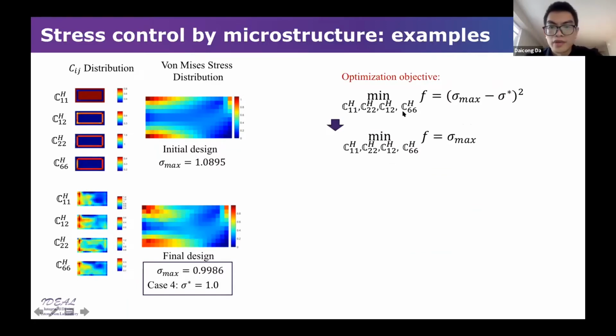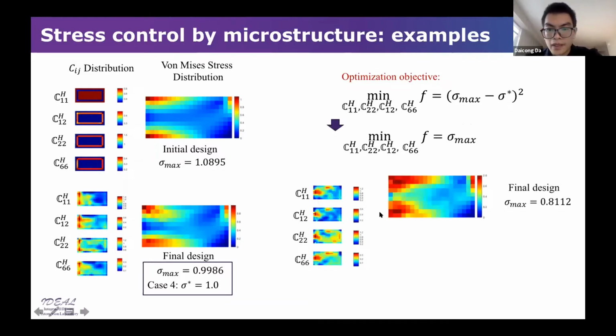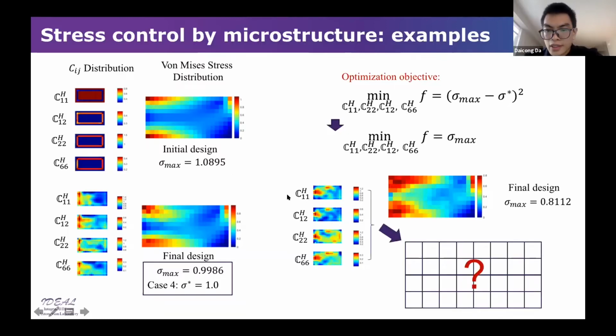So we use a very general case where we just want to minimize this maximum stress value. And this is the final result. Again, the stiffness tensor distribution is changed, so the stress distribution is of course changed, and also it's smaller than the previous case.